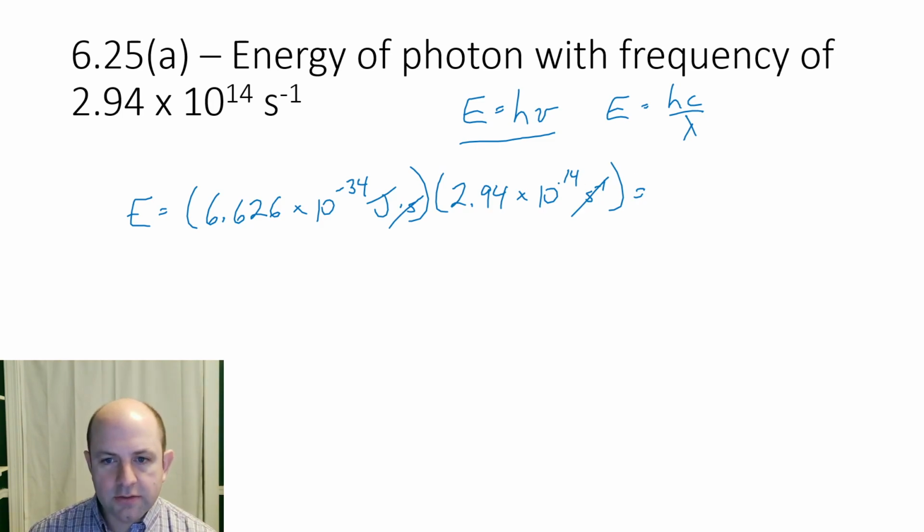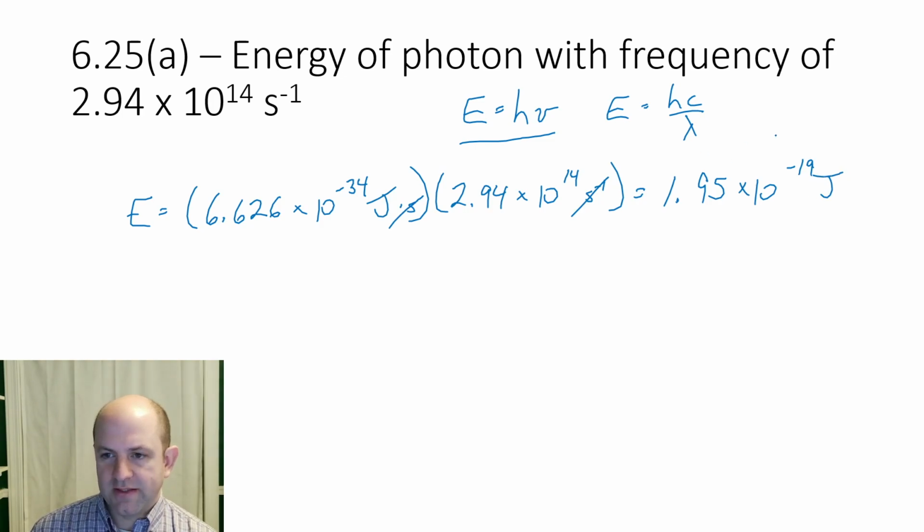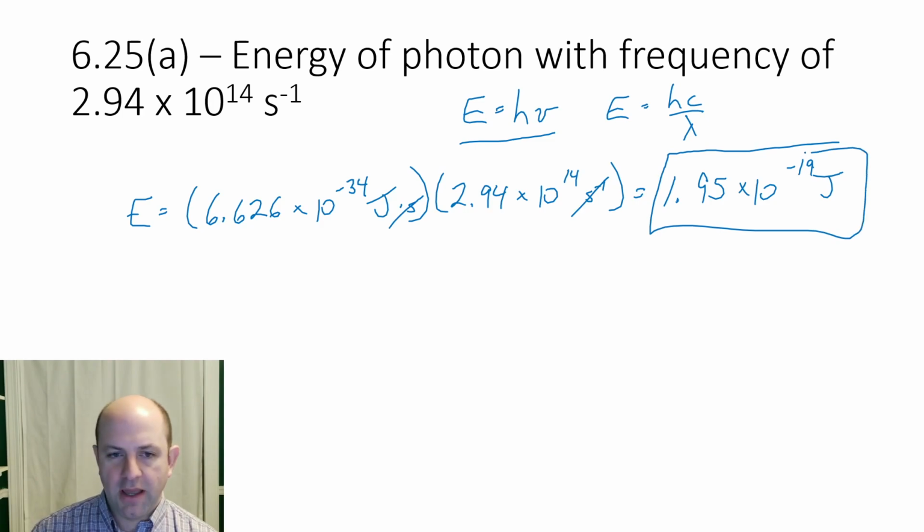And we get, with 3 sig figs, 1.95 times 10 to the negative 19th joules. That seems reasonable for that frequency. This is going to be around visible light. It might not be exactly visible, but it'll be close to it. So that's our final answer for part A.